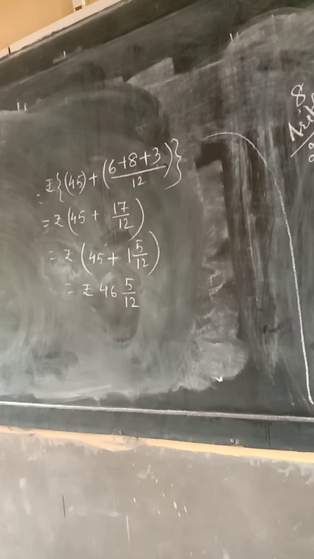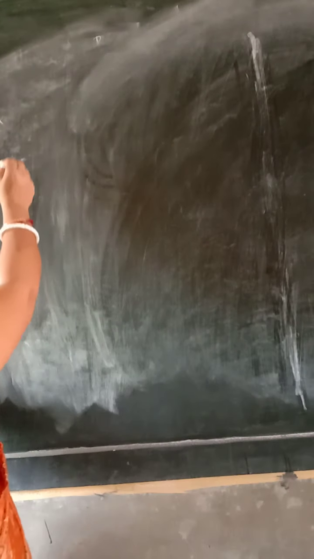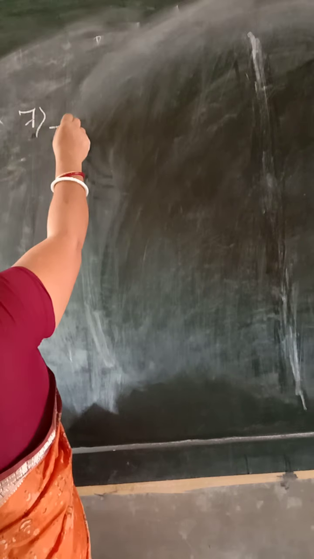Now, the next sum it says, Divya practiced maths for 1 whole 3 by 4 hours, read an English literature book for 1.5 hours, and did math work for 2 whole 3 by 4 hours. How much time did she spend in all? Question number 7.